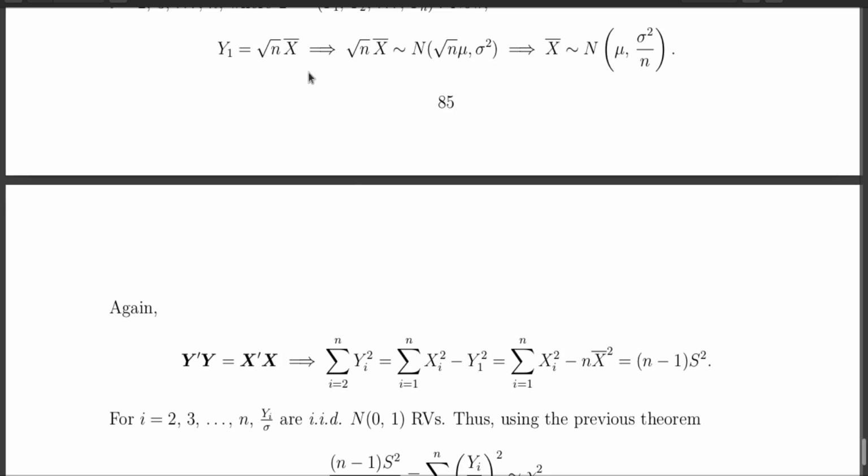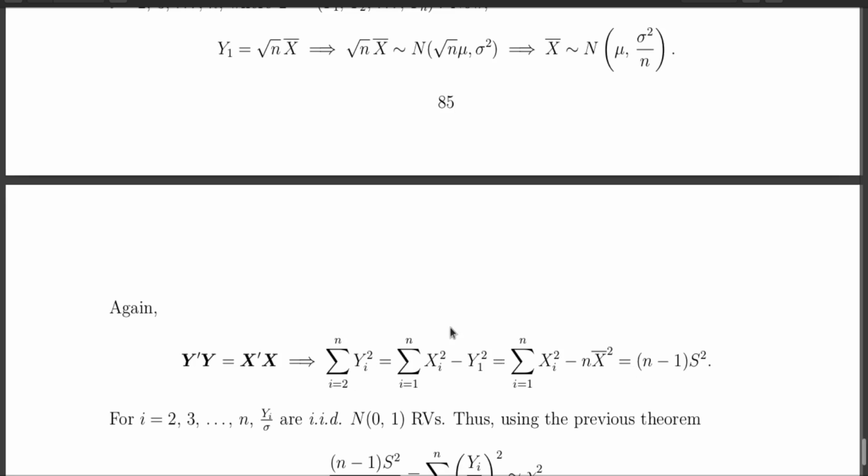Now y1 is basically root n times x bar. Plug it in here and I get n x bar square, and this quantity is the same as n minus 1 times s square. So n minus 1 times s square is the summation of yi square, i from 2 to n.